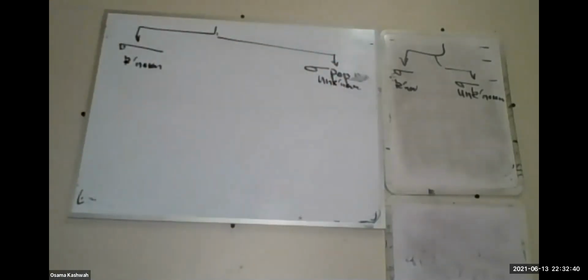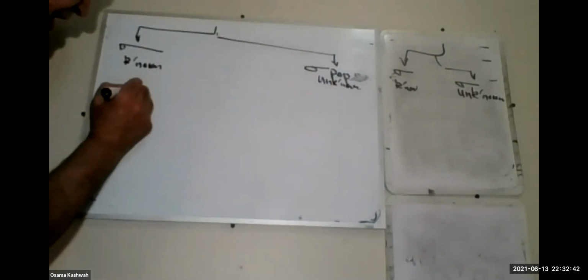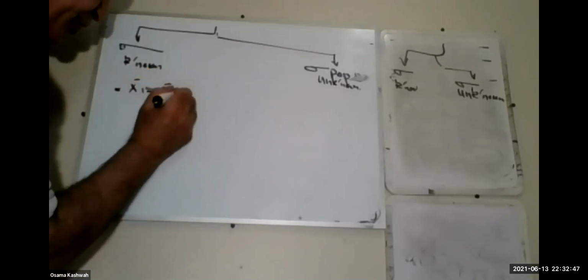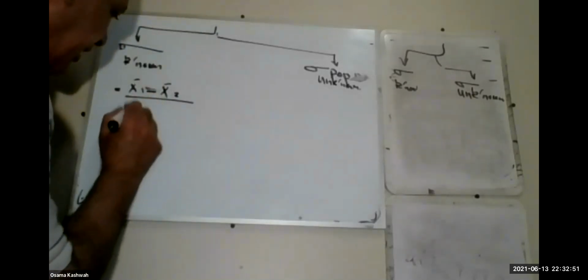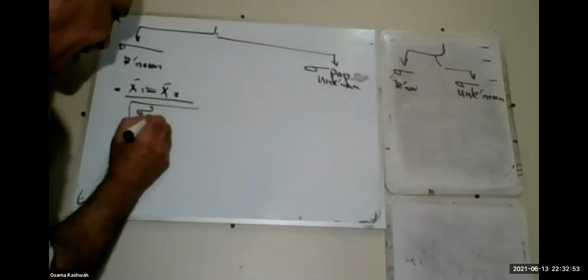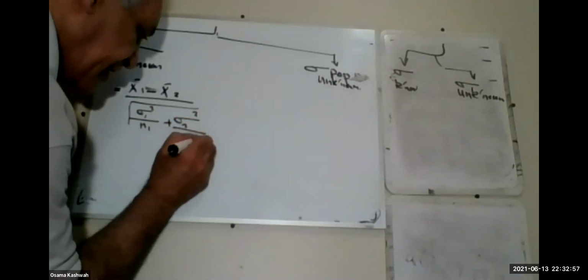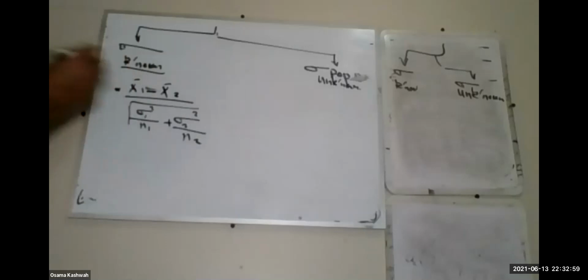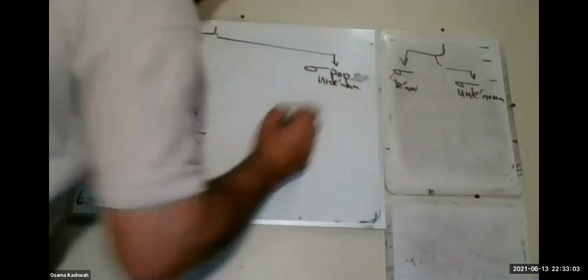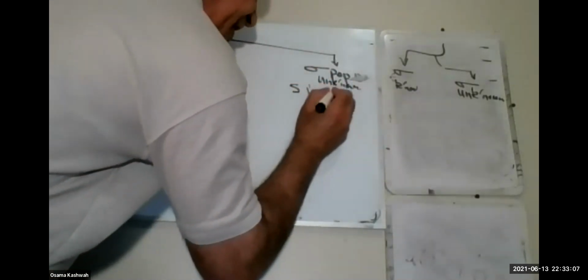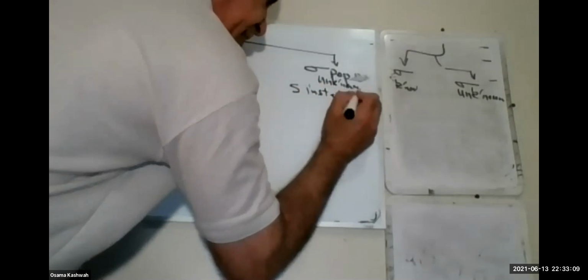So if sigma is known, the relationship will be x bar 1 minus x bar 2 divided by the square root of sigma 1 squared divided by n1 plus sigma 2 squared divided by n2. This is if sigma is known. But if sigma is unknown, the situation will be different. I will use S instead of sigma.